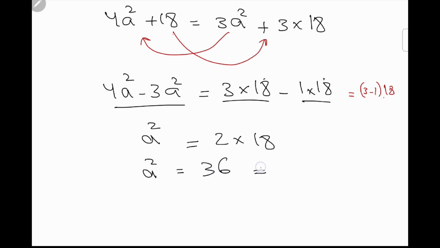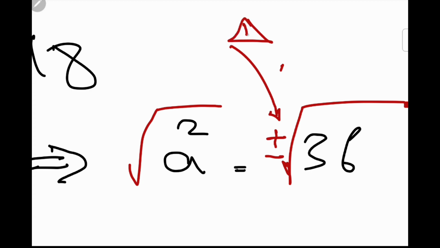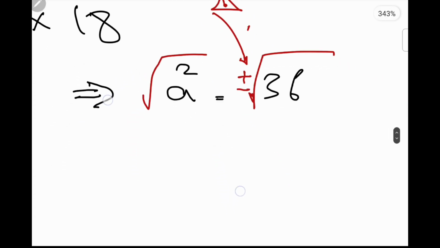So now taking the square root, we have to be careful. If I take the square root, then you need to put the plus and minus. This is very, very important, that many students tend to forget. So please pay attention to this plus minus.